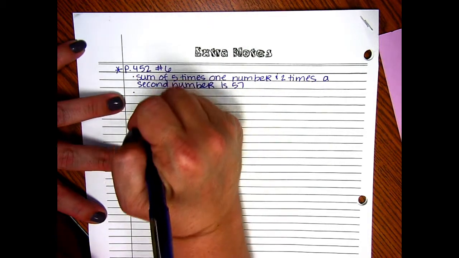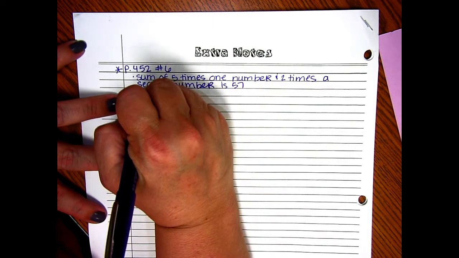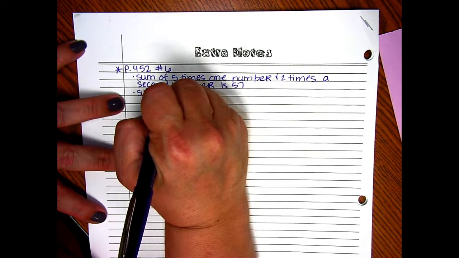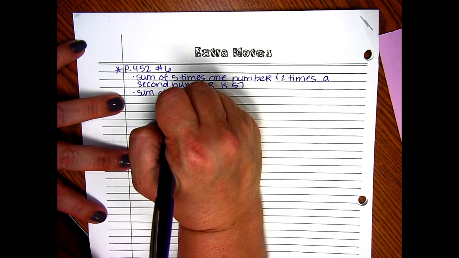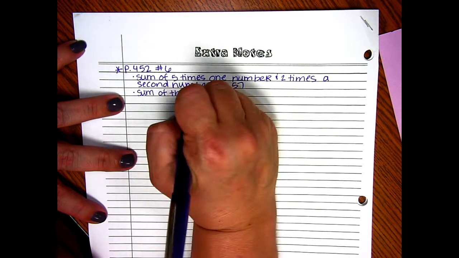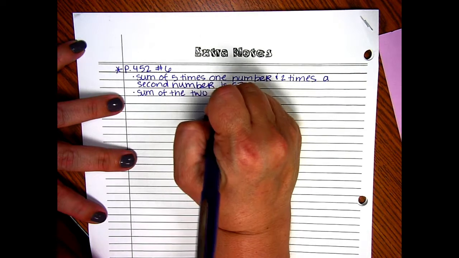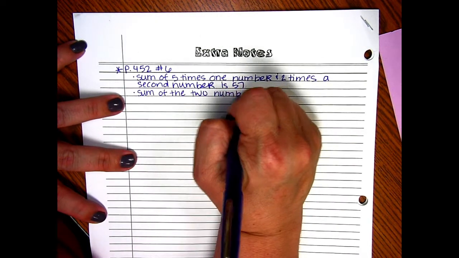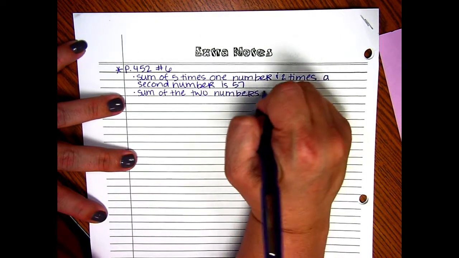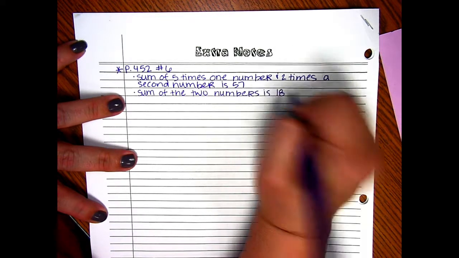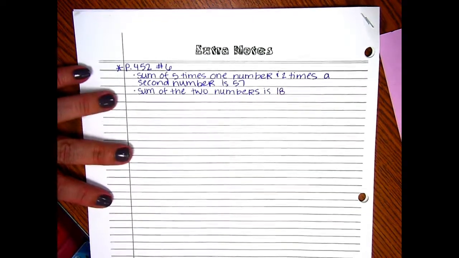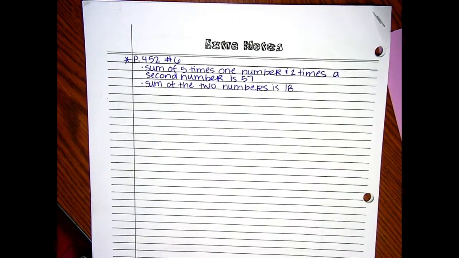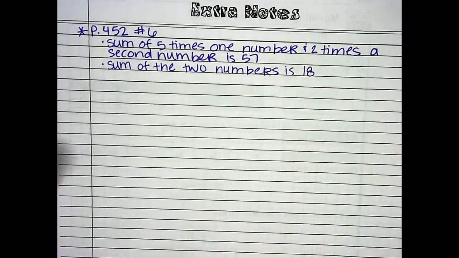And then it also says the sum of the two numbers is 18. So from that we should be able to write a system and figure out what the first and second number are.